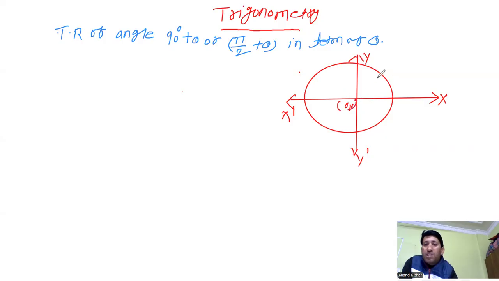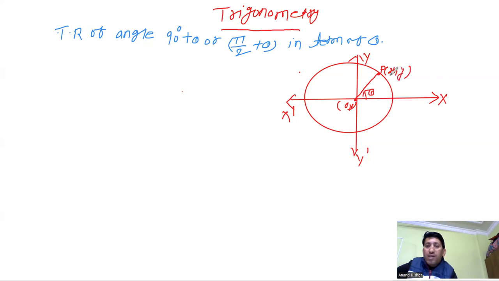Now there is any point P on the circumference of the circle. Suppose this is the point P, and this is line segment OP. This line segment OP makes an angle theta in the anti-clockwise direction. We want to know the position of this point P. So suppose we take any point P as x comma y.